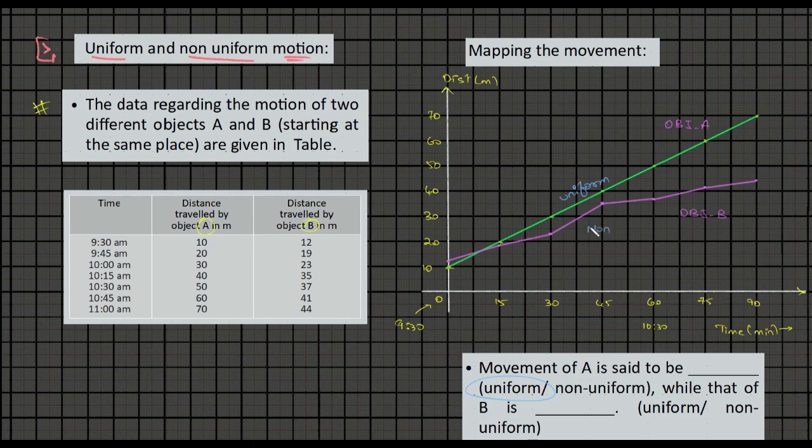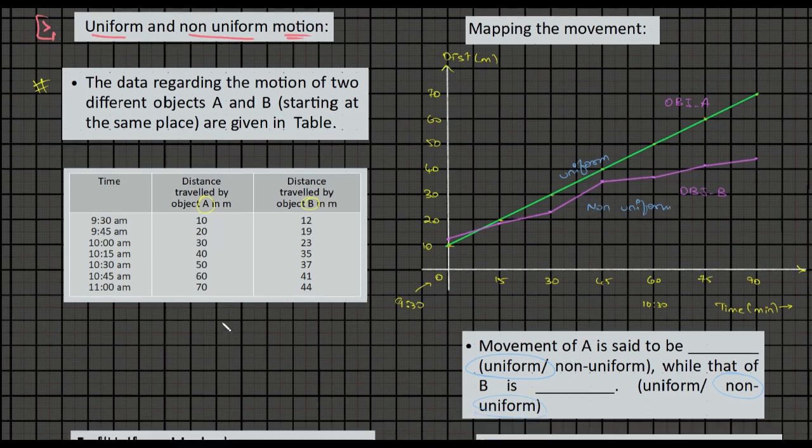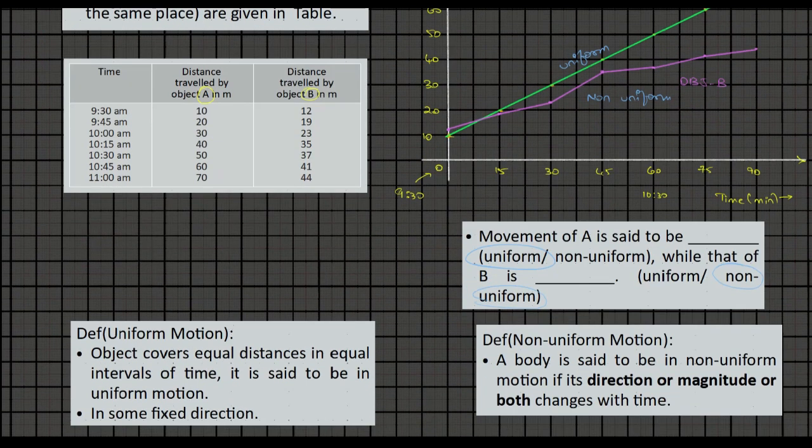This is clearly non-uniform, right? Why do we feel that this is non-uniform? Because for every 15 minutes, this object has been covering how many? 10 meters. The second object, object B, is covering a different distance for every 15 minutes. And so this becomes non-uniform, that becomes uniform. I hope it made sense.